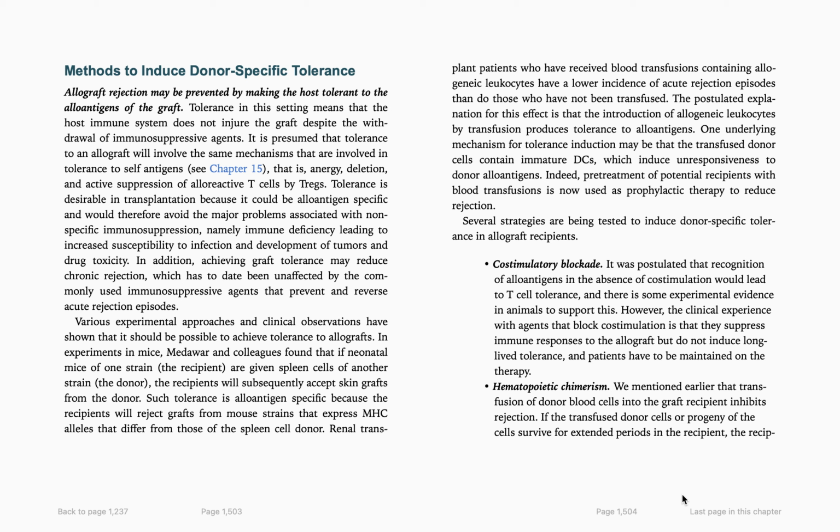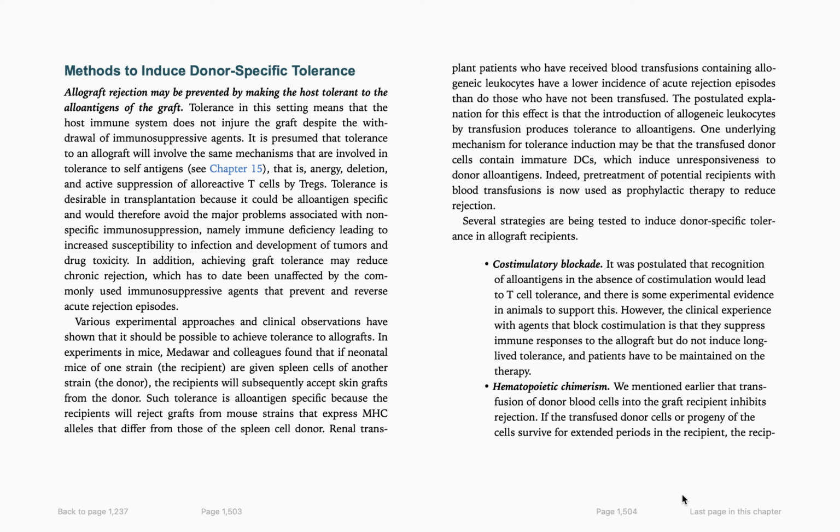Renal transplant patients who have received blood transfusion containing allogenic leukocytes have a lower incidence of acute rejection episodes than do those who have not been transfused. The postulated explanation for this effect is that the introduction of allogenic leukocytes by transfusion produces tolerance to alloantigens.